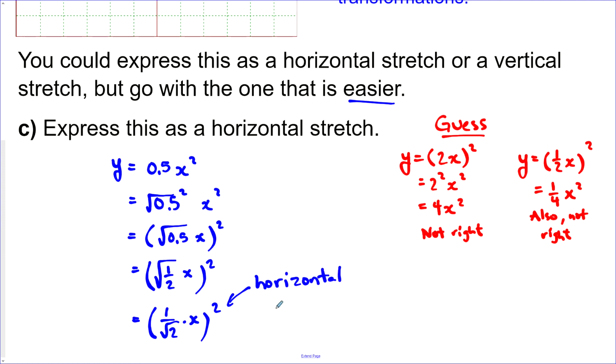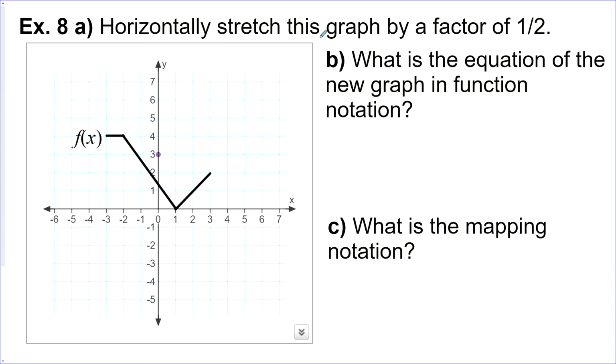Horizontal stretch about the y-axis by a factor of root 2. So that's how we would say this horizontal stretch. It's whatever's under here. We want to horizontally stretch this graph by a factor of 1/2. So that will affect the x values.